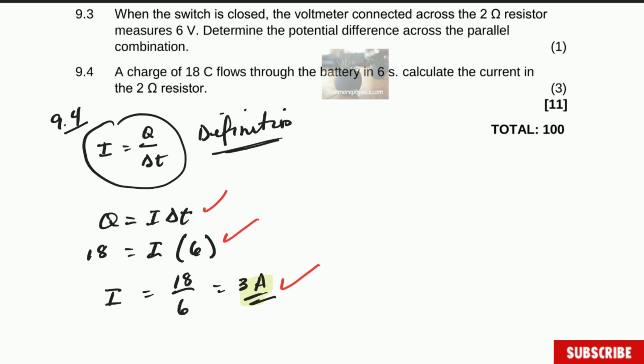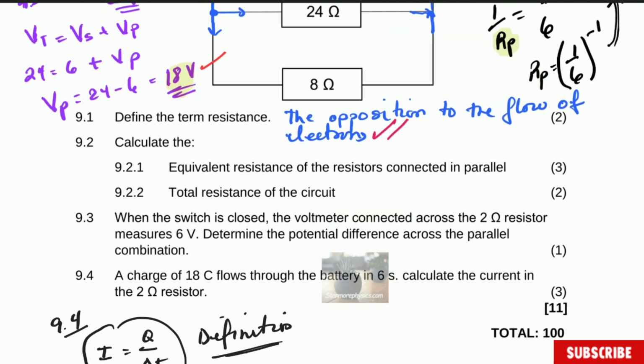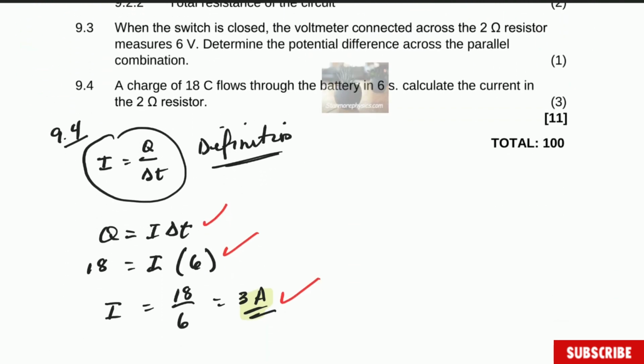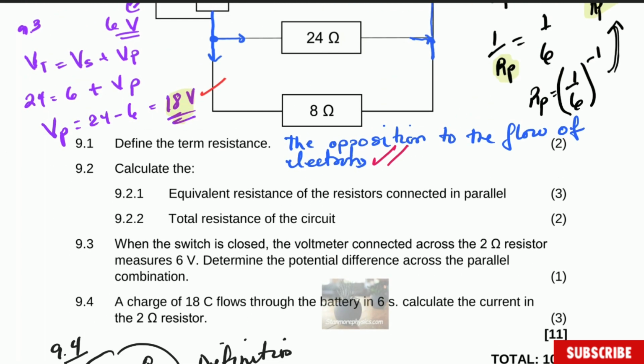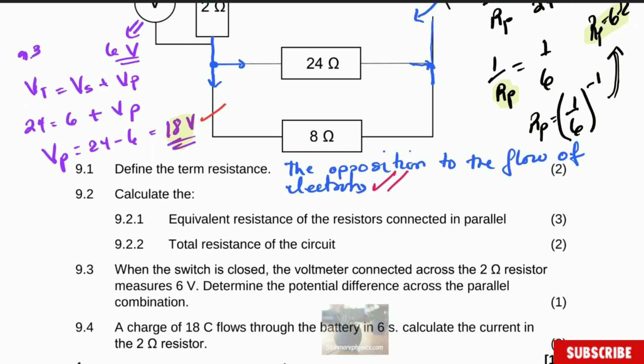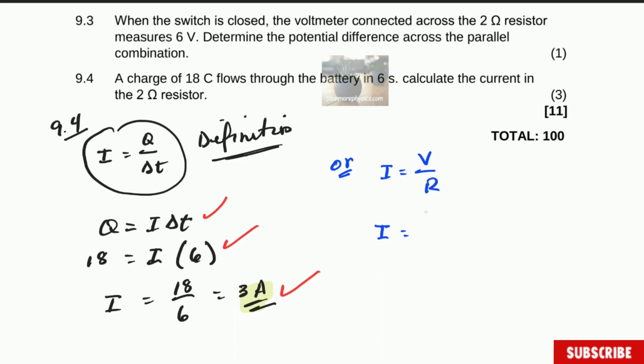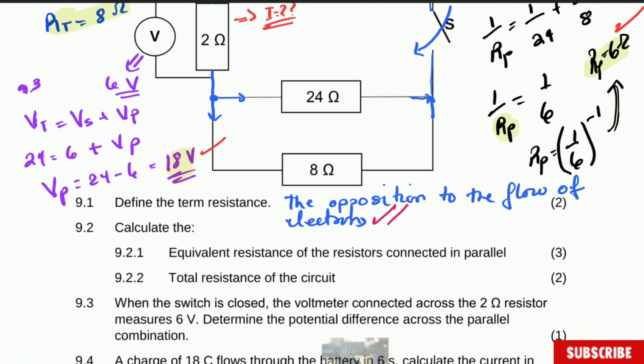It's quite simple. However, in this case, you can also use Ohm's law. Ohm's law is for grade 11, but it's very simple. You can say here that current is equal to potential difference divided by resistance. So current will be equal to the potential difference across the 2 ohm resistor, which is 6 volts, divided by the resistance, which is 2.